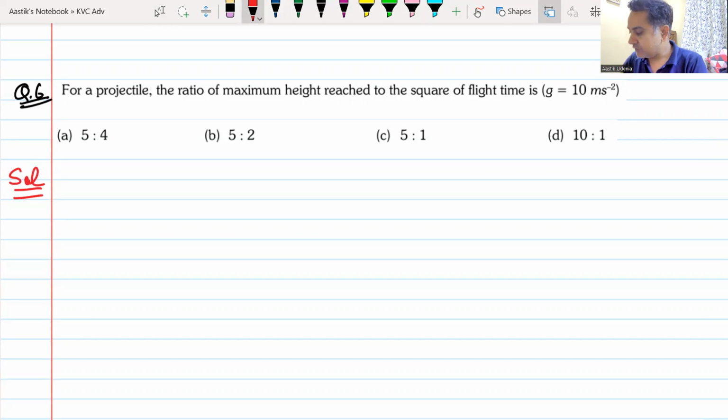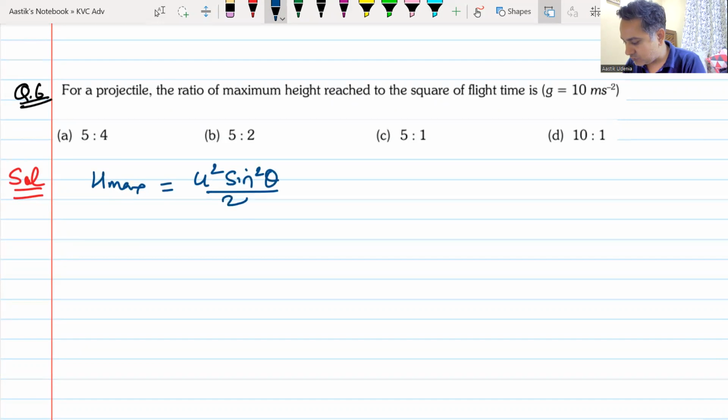Solution. So I know that H max is u square sine square theta by 2g, and time of flight is 2u sine theta by g.